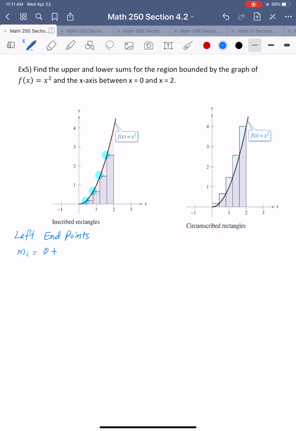Starting from 0, then 0 plus i minus 1 times 2 over n, because delta x is going to be 2 minus 0 over n, right? When you simplify, you get 2 times i minus 1 over n.